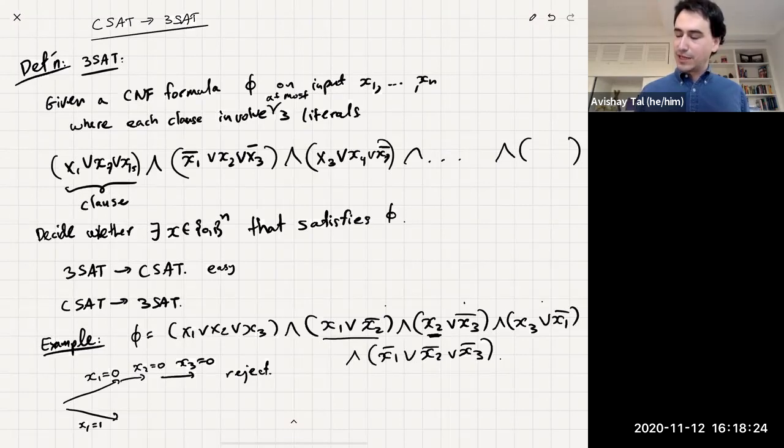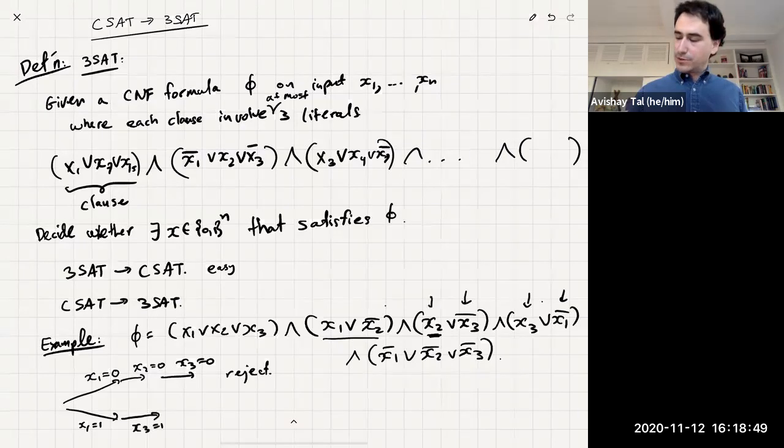So what happens if x1 equals 1? Well, notice that now this literal, x1 not, is not satisfied. So therefore, we have to satisfy x3, right? Okay, so we have to satisfy x3, then this literal now will be 0.